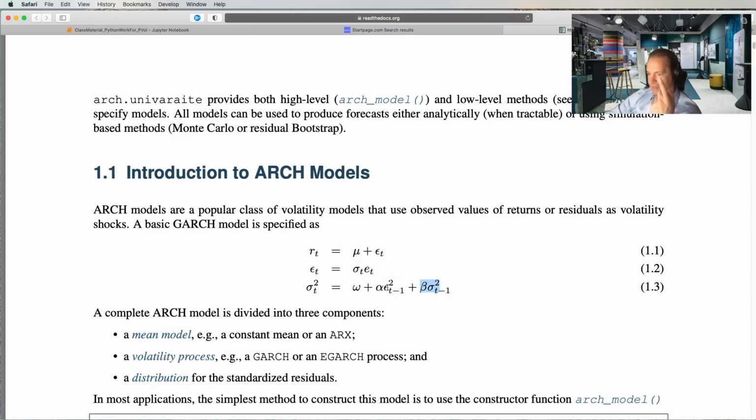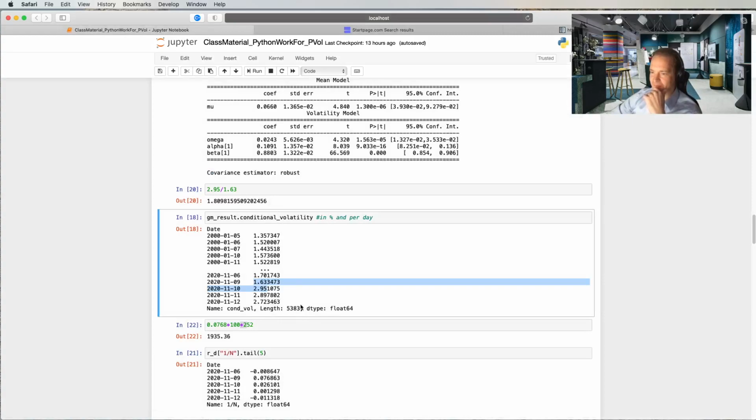If that past return is large, then boom, the variance jumps up. It's a parametric model. Keep that in mind. We don't know whether that is true because we don't observe the variance. That is always the mystery we have. Makes it complicated.